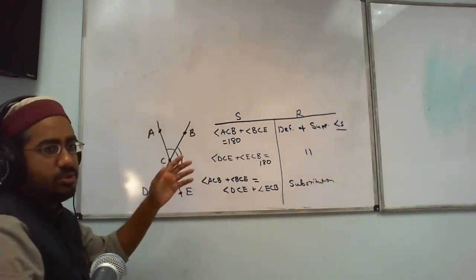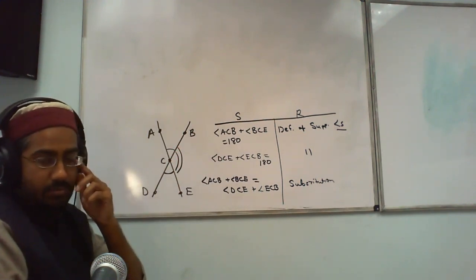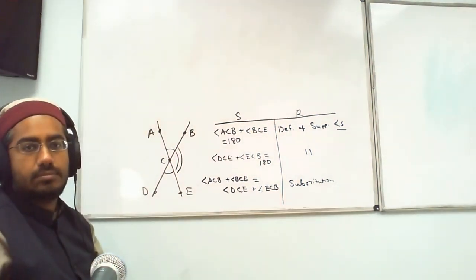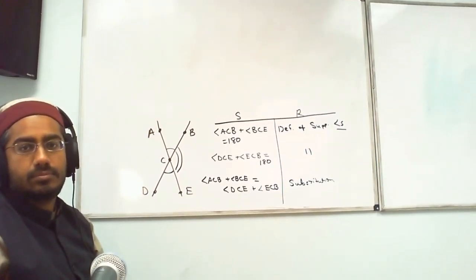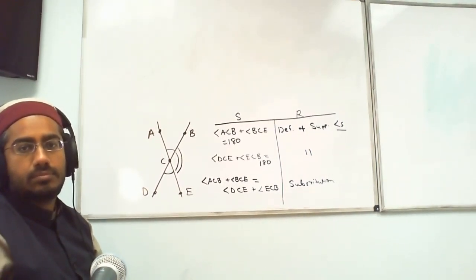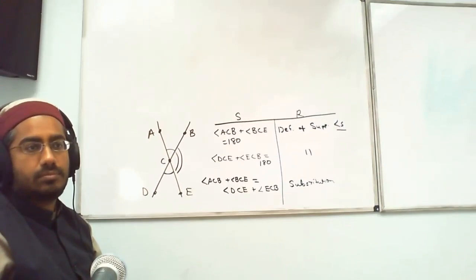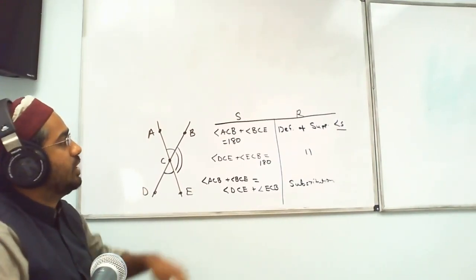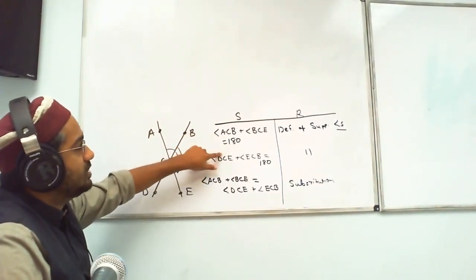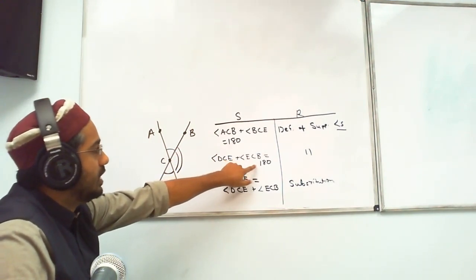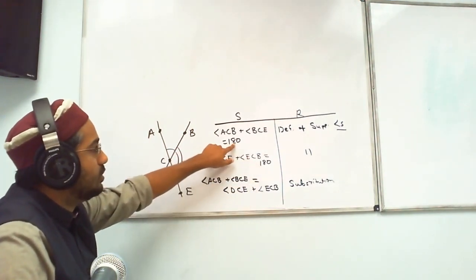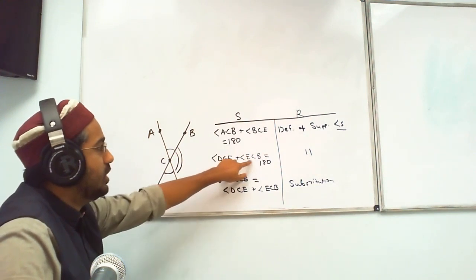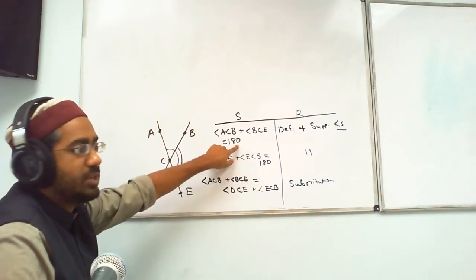How did I substitute one thing for another? If this is equal to 180 and this is equal to 180, then the 180 in this one is equal to these two angles.